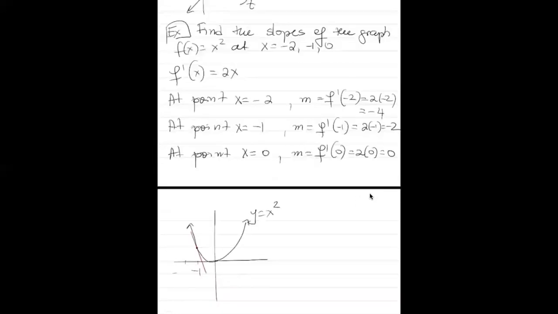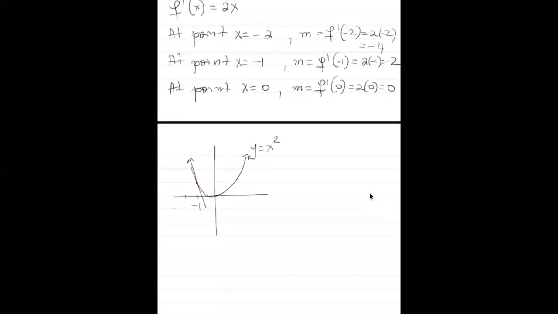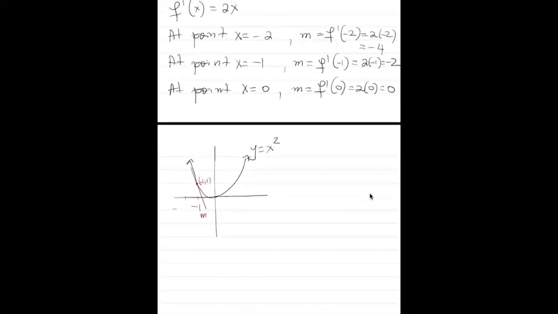The tangent line right here. So at that point, negative 1, 1. At this point, the slope is negative 2. And then at the point 0, at this point, we found the slope is 0. And indeed, here is the slope 0, horizontal line.